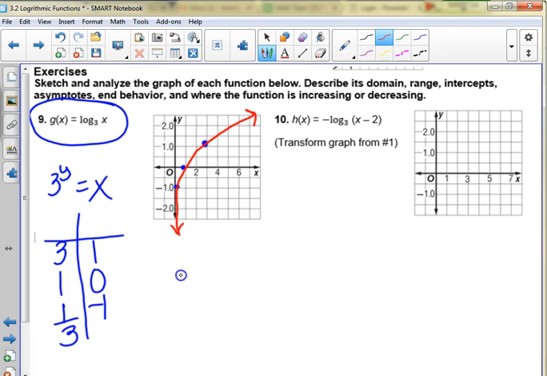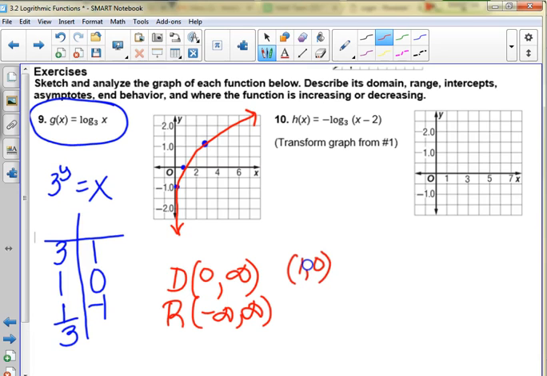Now, domain? No. Domain is left to right. Range, bottom to top. What am I doing next? Intercept? 1, 0. Asymptote? Yes, it's x equals 0 or the y-axis.